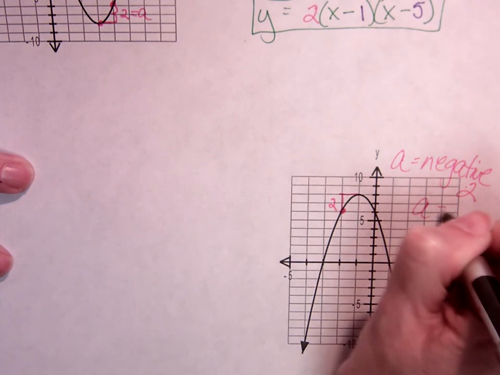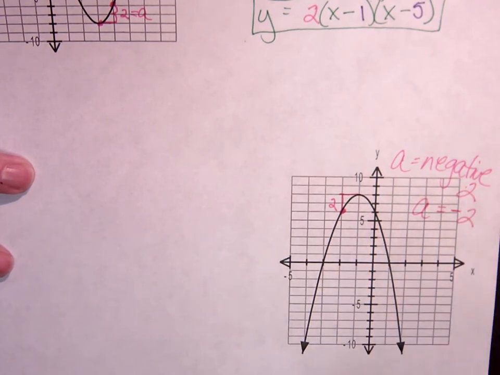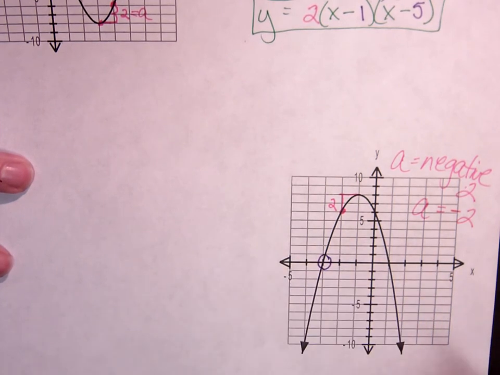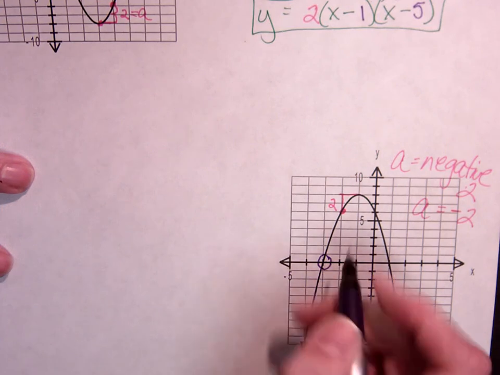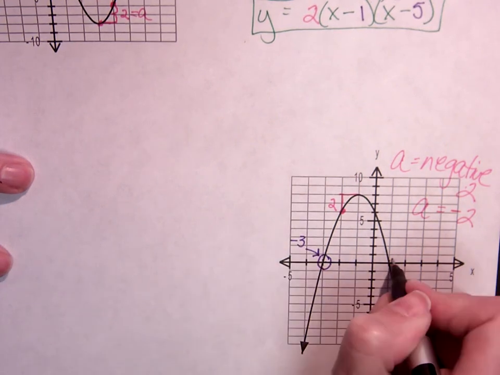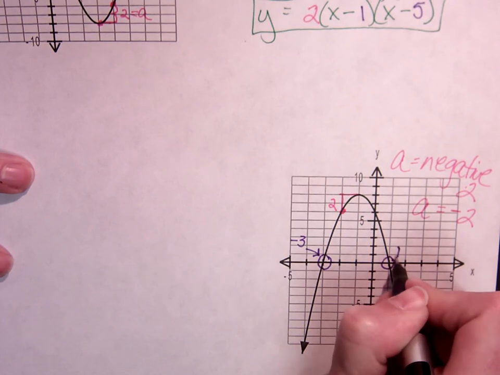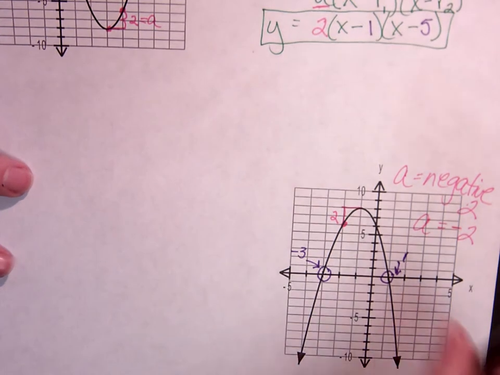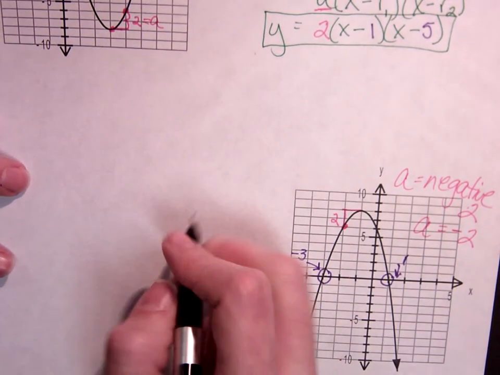So A equals negative 2. And if I look at my x-axis, the roots are negative 3, and over here, positive 1.